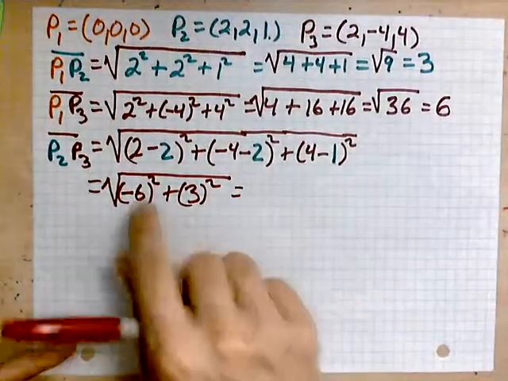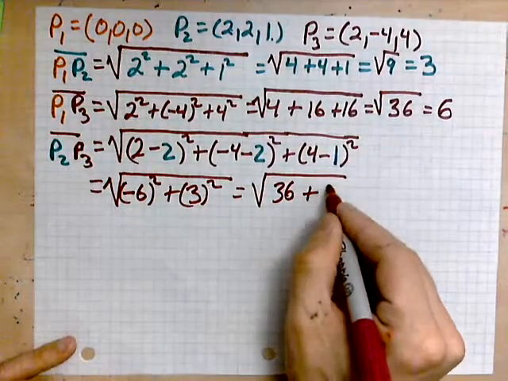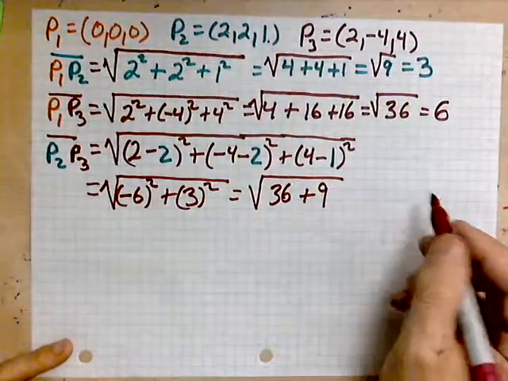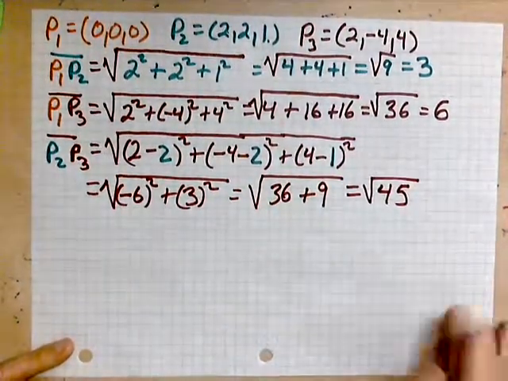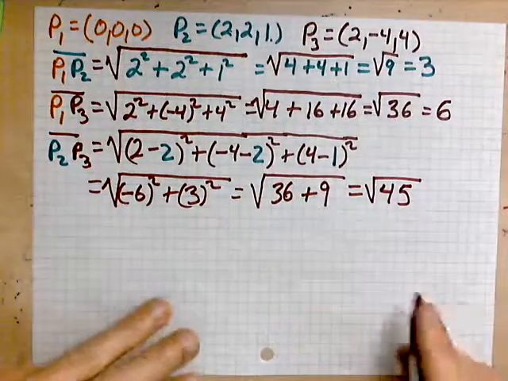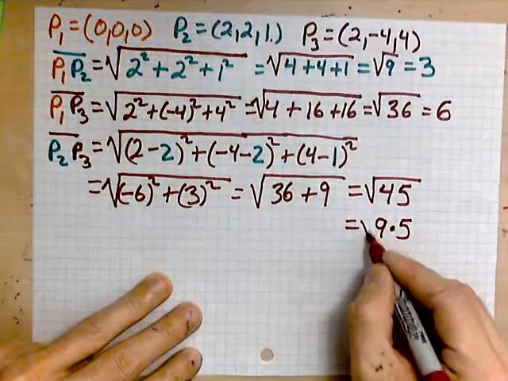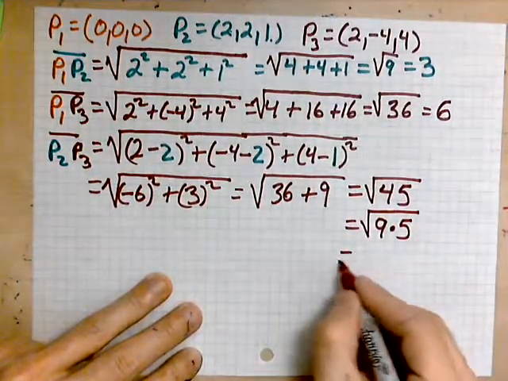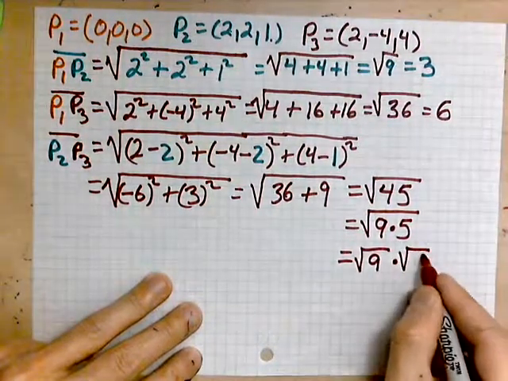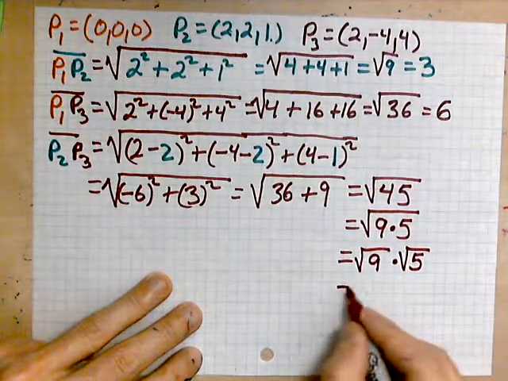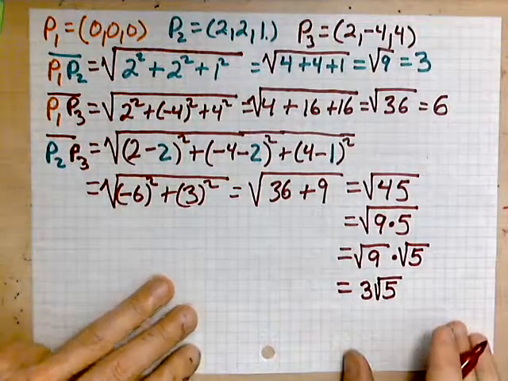So now we have 36 plus 9, which is 45. Now we apply a basic property of square roots. So we have the root of 9 times 5, which is the same as the root of 9 times the root of 5, which is the same as 3 times the root of 5.